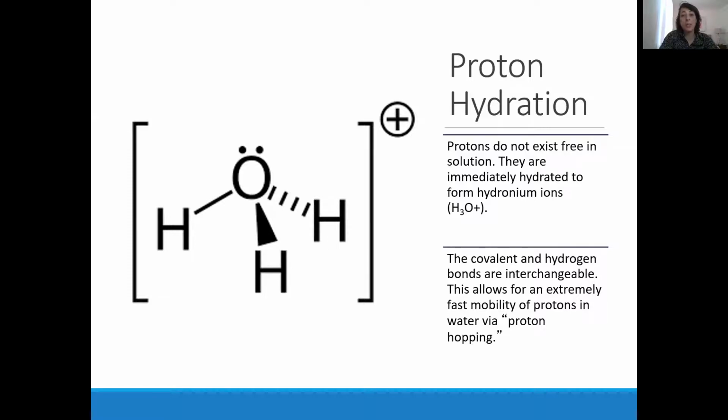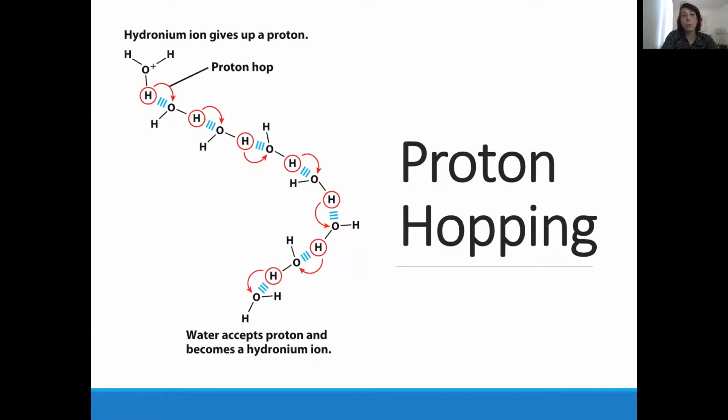Now, the covalent and hydrogen bonds within this hydronium ion are quite interchangeable, and this actually allows for mobility of protons in water. We call this proton hopping. Protons can move rapidly between water molecules, as shown here. You can see the hydronium ion at the top with its covalently bound hydrogen that is then forming a hydrogen bond between another molecule of water.